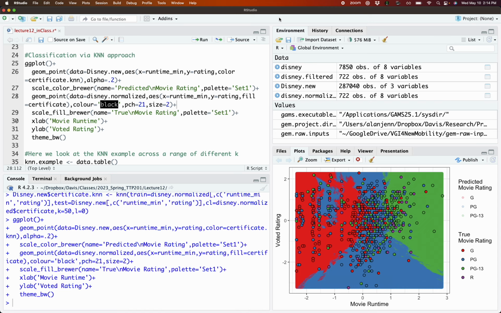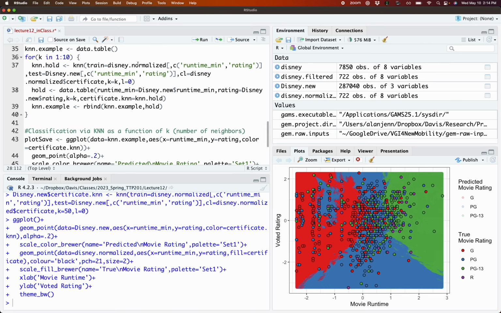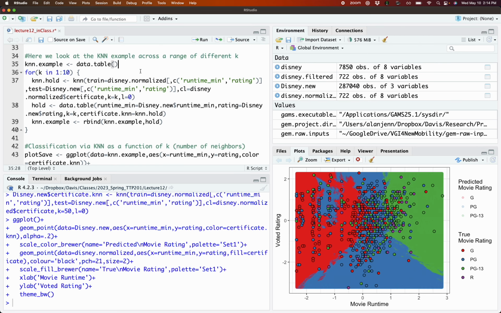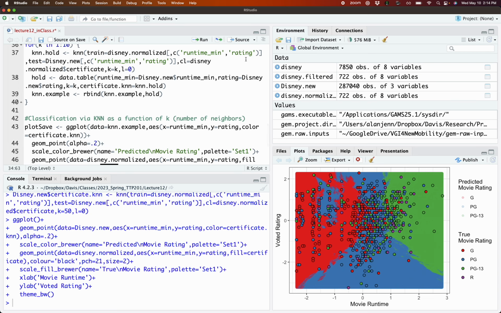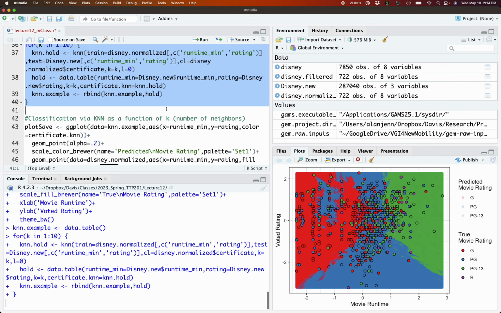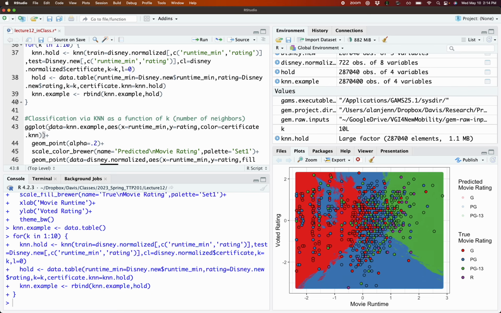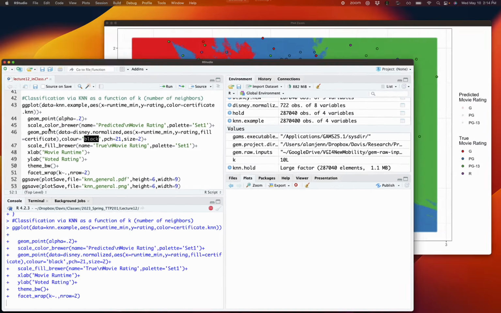We can actually look at that here, and we can plot it. We'll wait a second for it to plot.